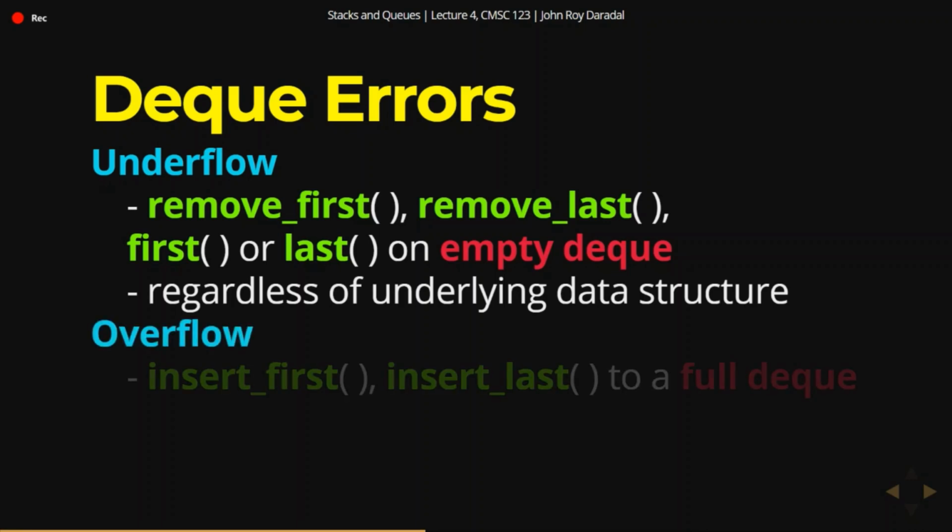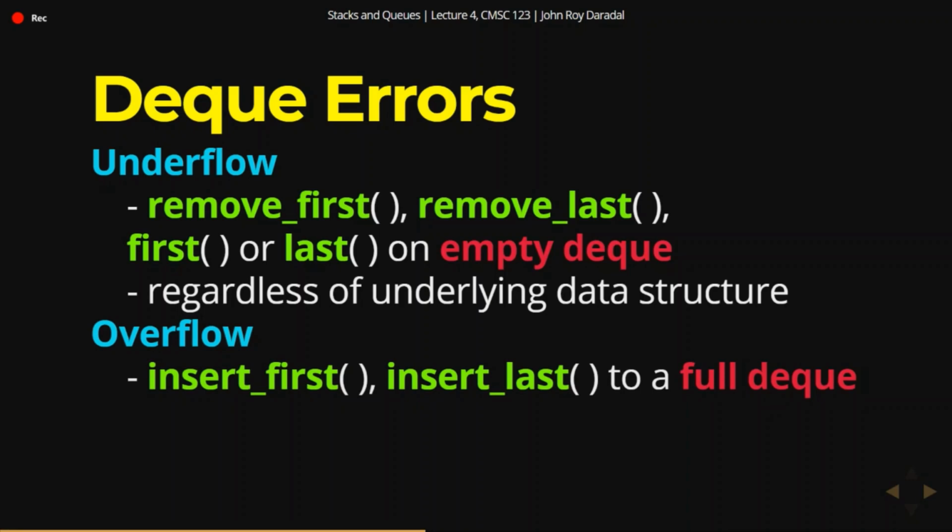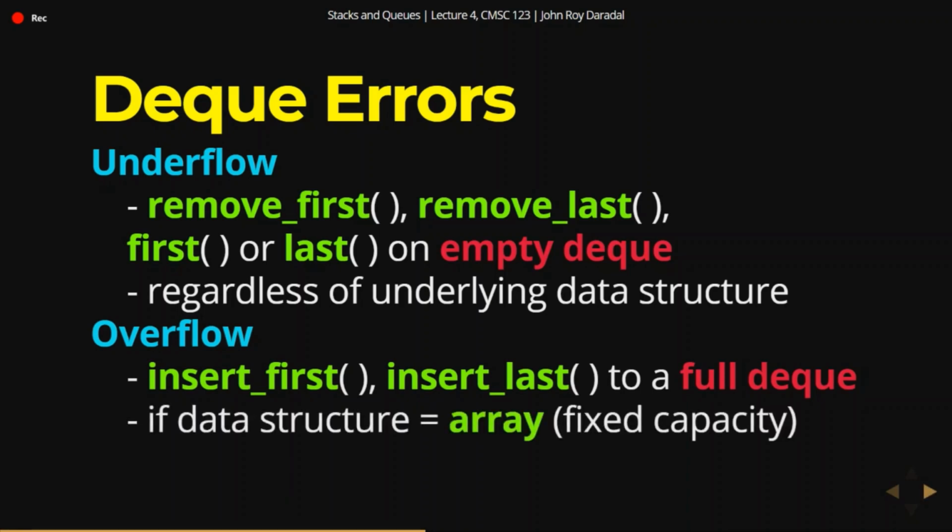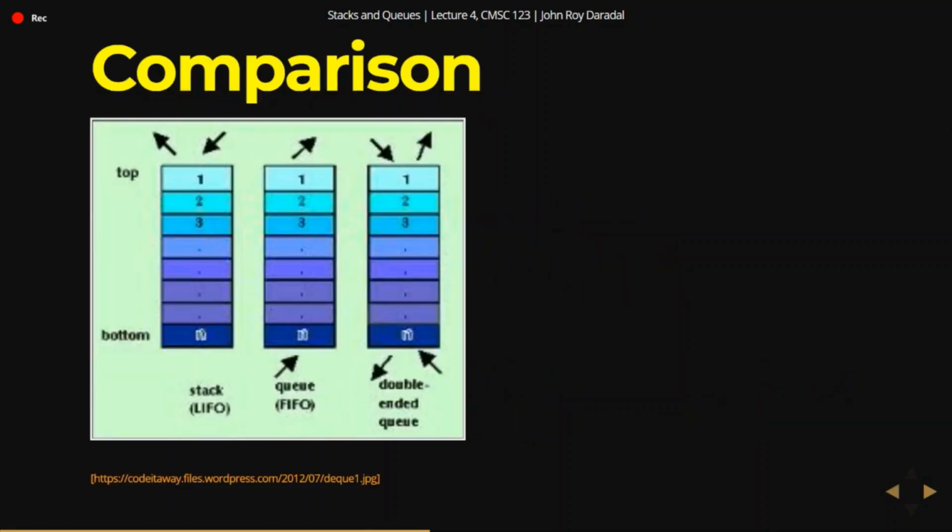And then for overflow, this will happen if you insert first or insert last to a full deck if you use an array as your data structure. Okay, because an array, again, has a fixed capacity. So adding more items to a full array will cause overflow. Okay, so that is your deck or your double-ended queue.